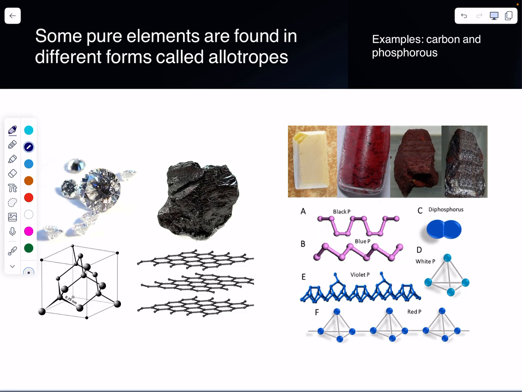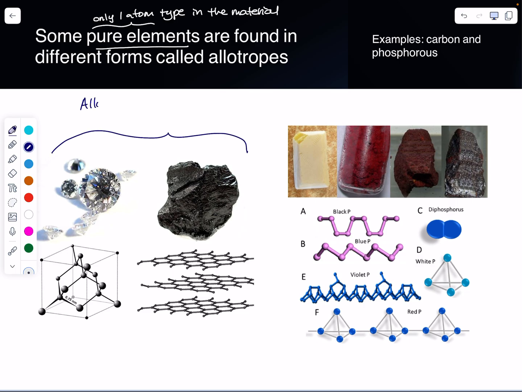Again, we're talking about pure elements, which just means only one atom type in our material. On the left, we've got two separate allotropes of carbon.